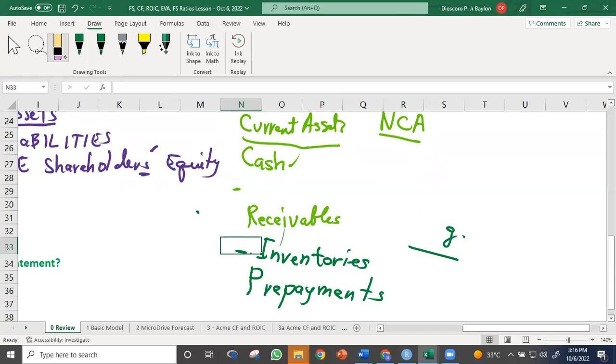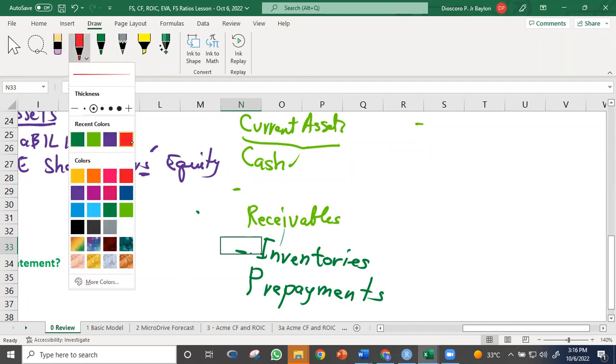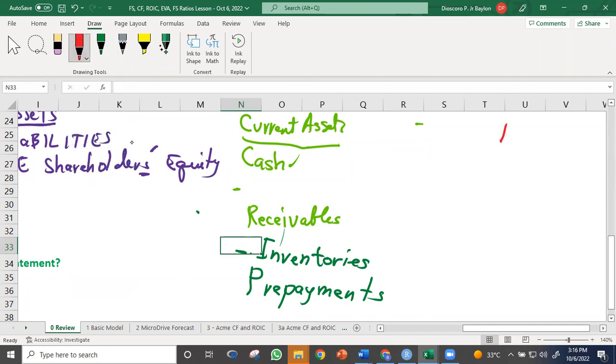For manufacturing, what are the inventory classes? Okay, in manufacturing, what are the types of inventories? Anyone? Hindi nyo pa ba na discussion?